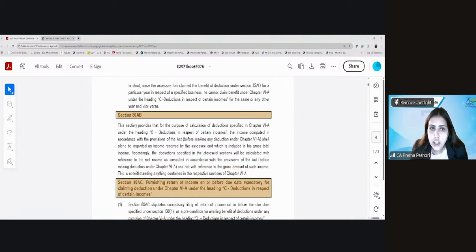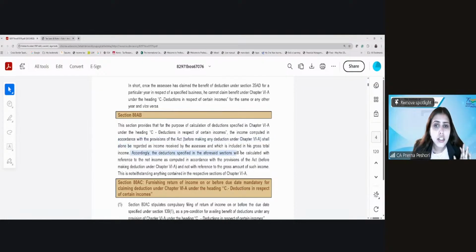It says this section provides that for the purposes of calculation of deduction under Chapter 6A, under the heading C, deduction in respect of certain income, the income computed in accordance with the provisions of the Act before the deduction under Chapter 6A shall alone be regarded as income received by the assessee and which is included in his gross total income.